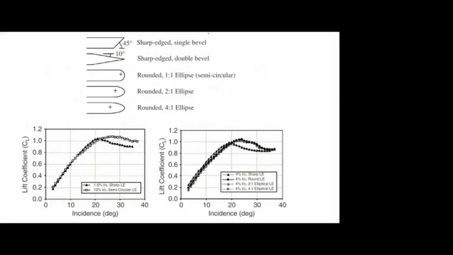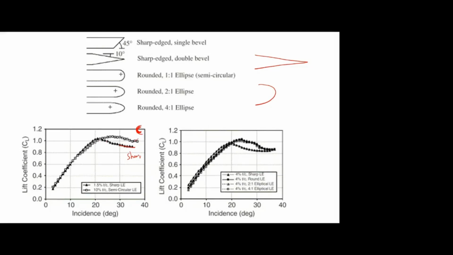Here they explain the leading edge portion, how it varies. For supersonic aircraft and all, we will go for a sharp leading edge, but for subsonic aircraft, we will go for a round leading edge. So here they explain how it varies. This is for sharp. This is for semicircular.